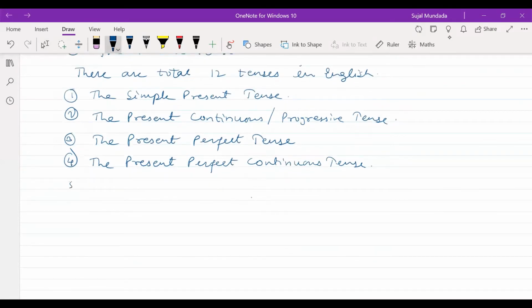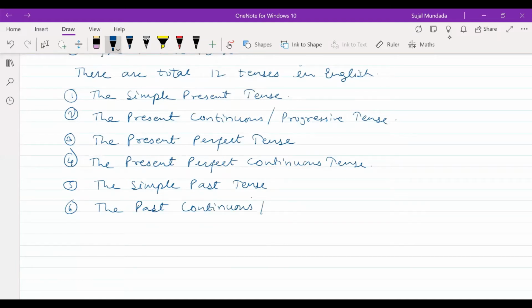Similarly, we have four types of the past tense. We will start with the simple past tense. Next one, the past continuous or progressive tense.